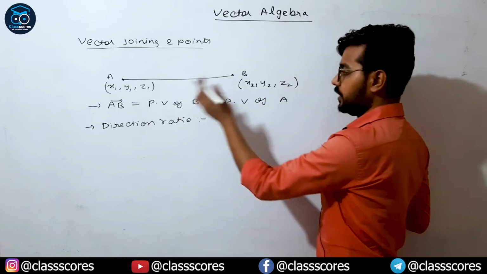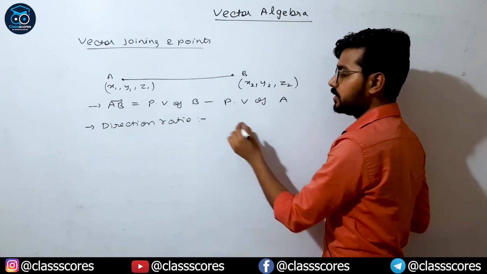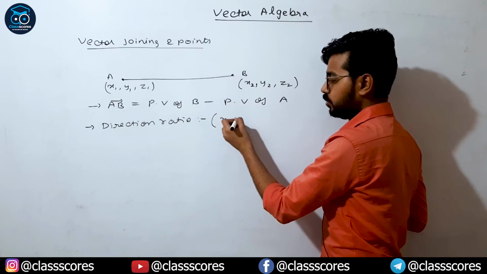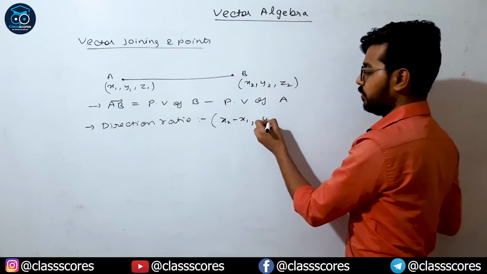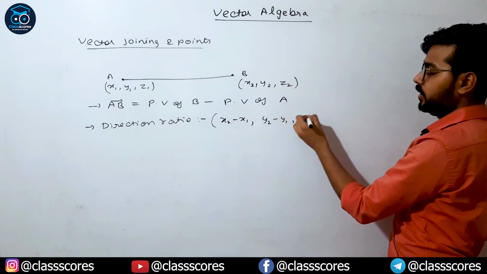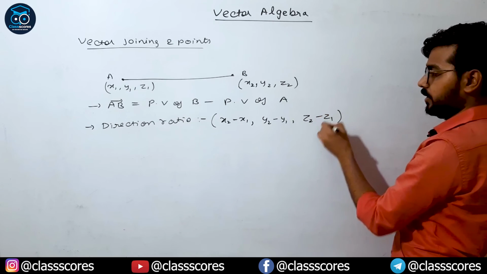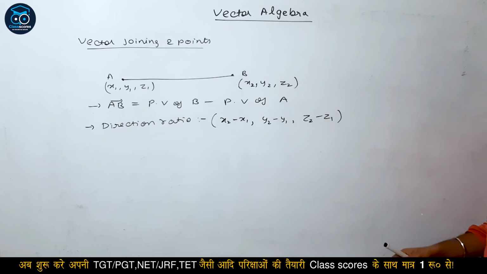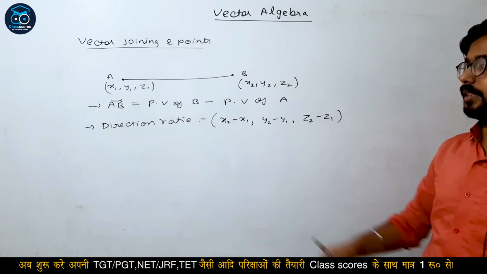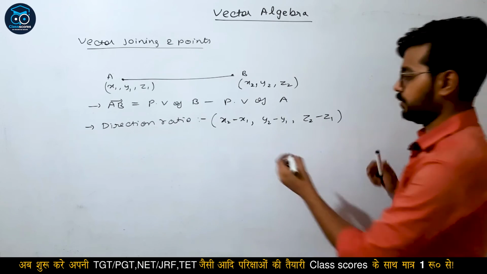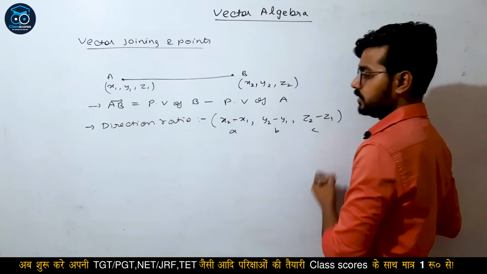We just need to find the difference between its coordinates, that is x2 minus x1, comma y2 minus y1, comma z2 minus z1, and it will be represented as A, B and C. These are the direction ratios, A, B and C.